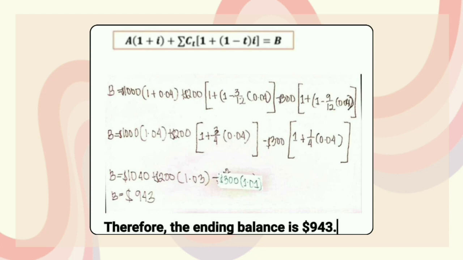Same process for the 300 withdrawal. So the next step is the multiplication: 1,000 times 1.04 is 1,040, plus $200, then times 1.03, minus $300.